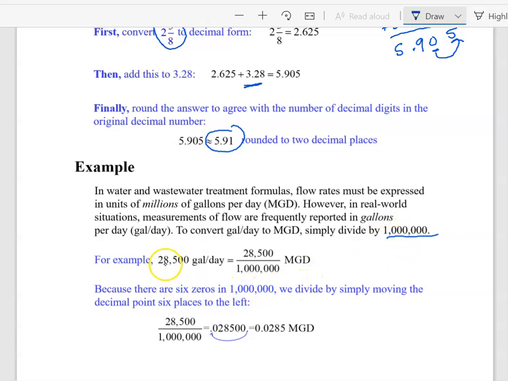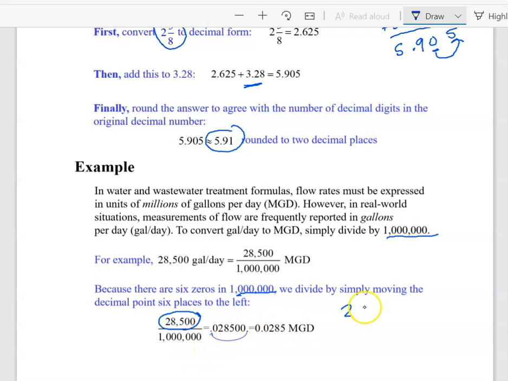So if we had 28,500 gallons per day, to find millions of gallons per day, we would say 28,500 divided by a million. Because there's 6 zeros in a million, we would just need to take this number right here, and move our decimal place 6 times to get our answer.